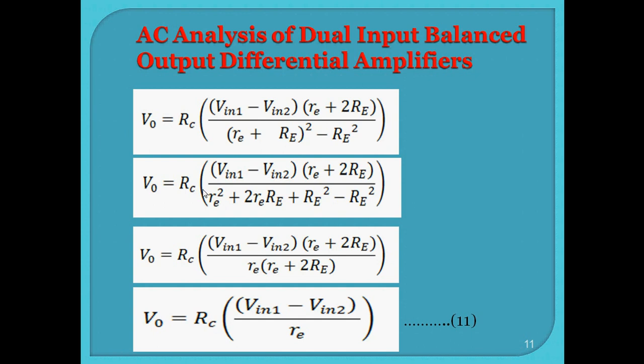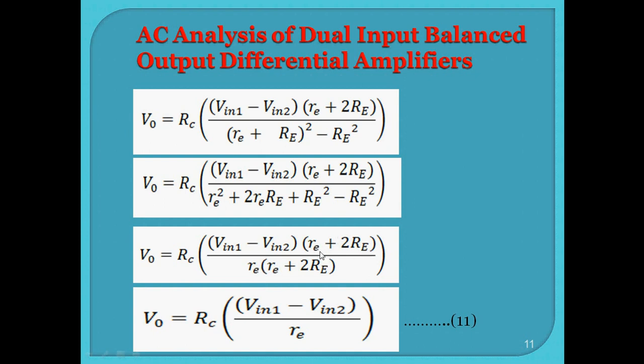So the positive capital RE square and negative capital RE square will cancel out each other, and what remains is small re square plus 2 small re capital RE. So in this equation, small re is common; taking it outside, the remaining is small re plus 2 capital RE. Again the numerator has the same term, small re plus 2 capital RE.